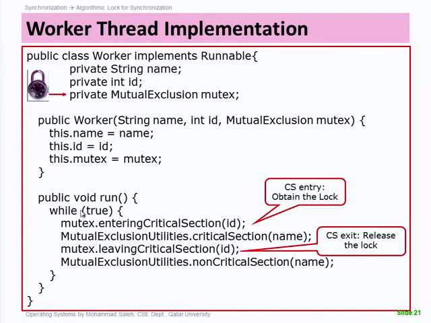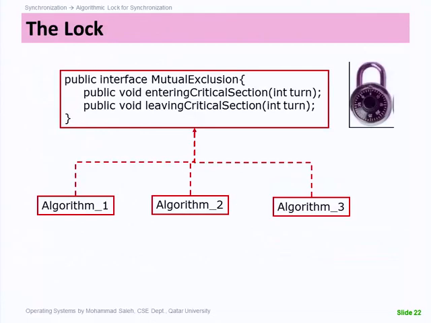Now, this is the new thing here. We are calling the method entering critical section of the lock and leaving critical section of the lock. So we are guarding the critical section. It's something you have to do before you enter a critical section, and something the thread must do when leaving the critical section.